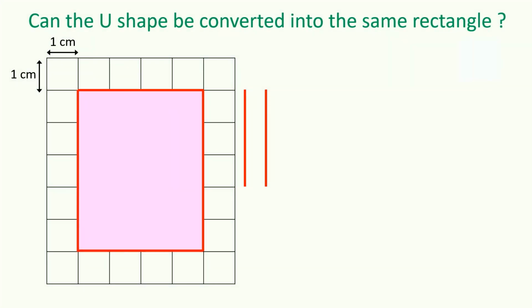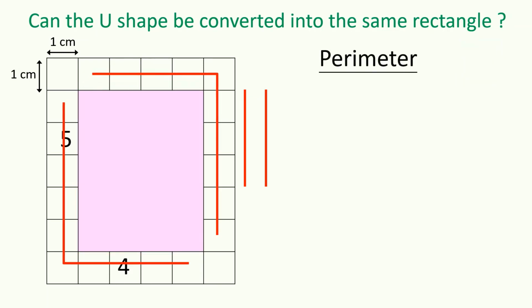After forming the rectangle, 2 sides are left. These 2 sides should also be included in the perimeter of the U shape. The perimeter of the U shape is equal to the sum of the perimeter of the rectangle and the total length of the 2 sides.